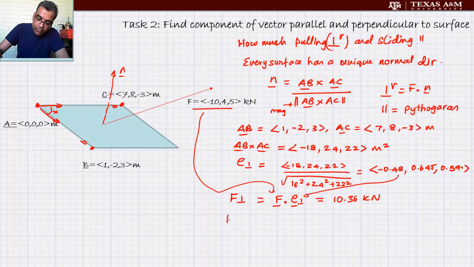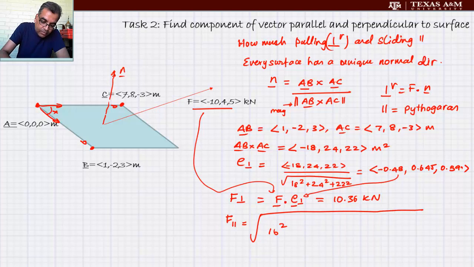So now F parallel equals the square root of 10 squared, because if I break it down like this, in the perpendicular direction, I know this angle is 90 degrees. Oops, let me draw it correctly. Okay, sorry about the mess.